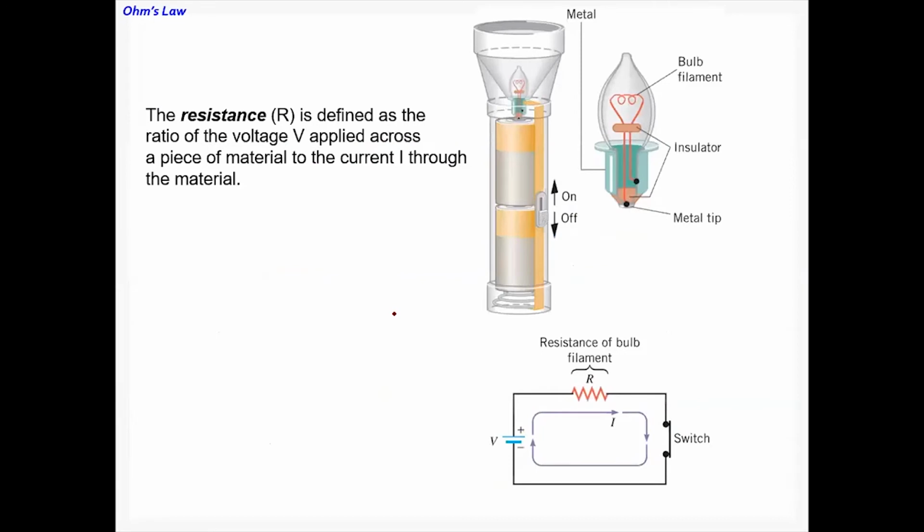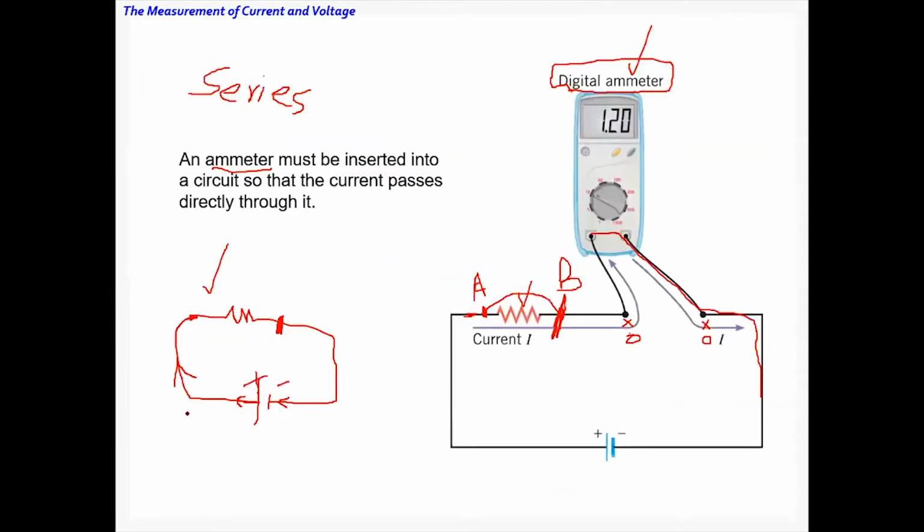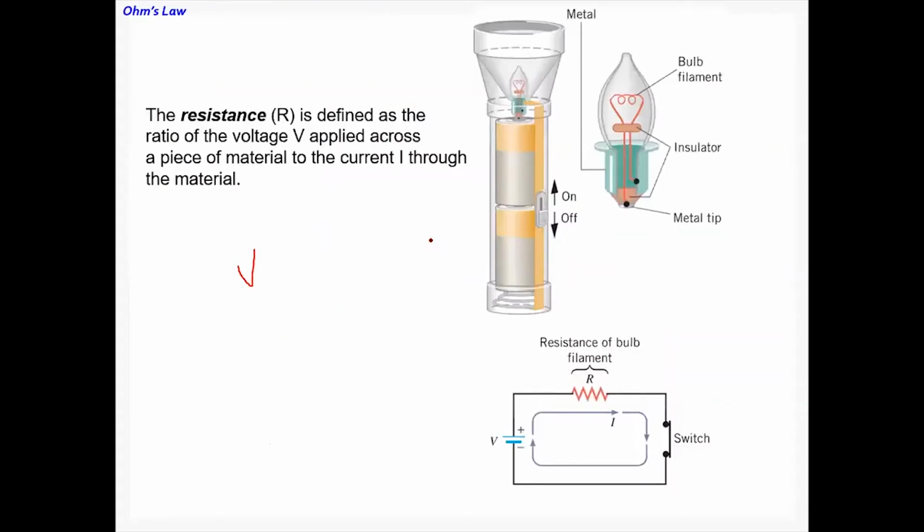Now the next thing we have to talk about is resistance. Resistance R is defined as the ratio of voltage and current. Remember we talked about the voltmeter, right? The voltmeter gives me the voltage V, and the ammeter gives me the current I. So you have V and I. If you divide V by I, what do you get?